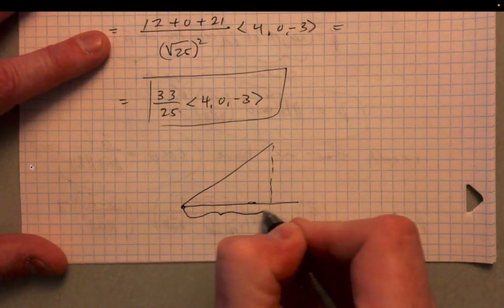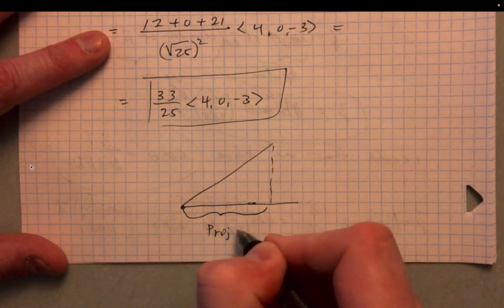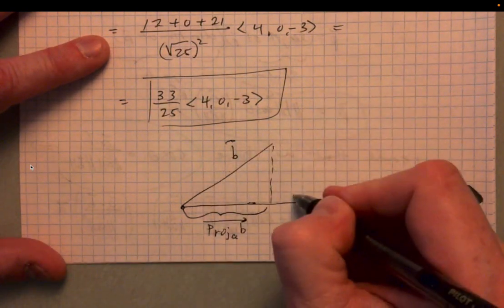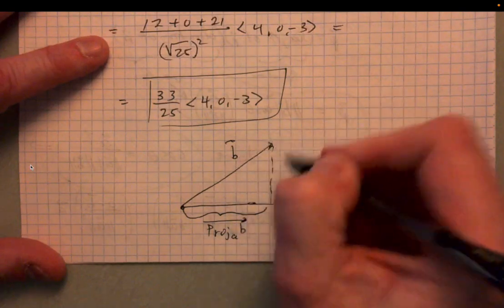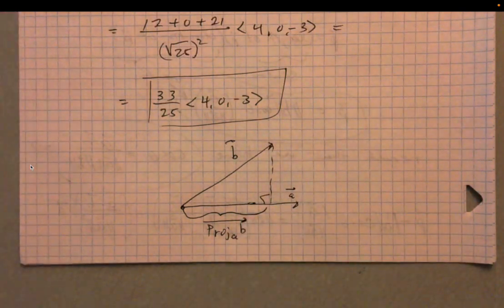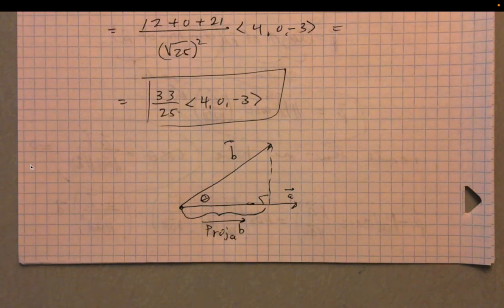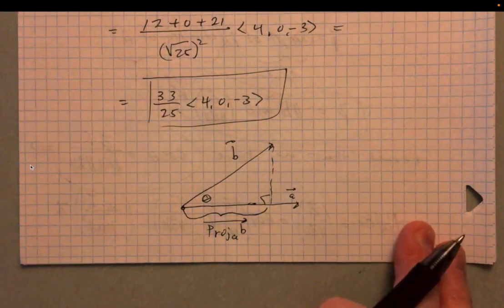That's going to be my projection. Okay, this is B. The whole vector is A. Then this is the projection. If you can just keep this picture in your mind, then you can always reference this and kind of reason through these things. Okay, very good.